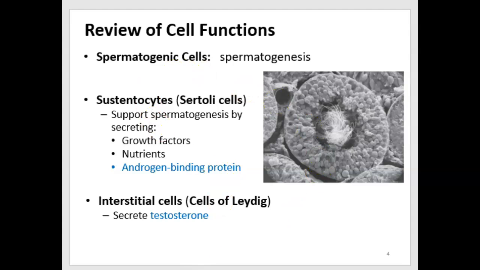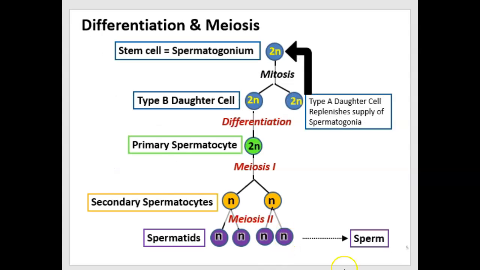So let's talk first about the processes of spermatogenesis that involve these cells going through the various stages. The two processes involved are differentiation and meiosis. I suppose you could say mitosis is involved, but I don't want you to get too confused.